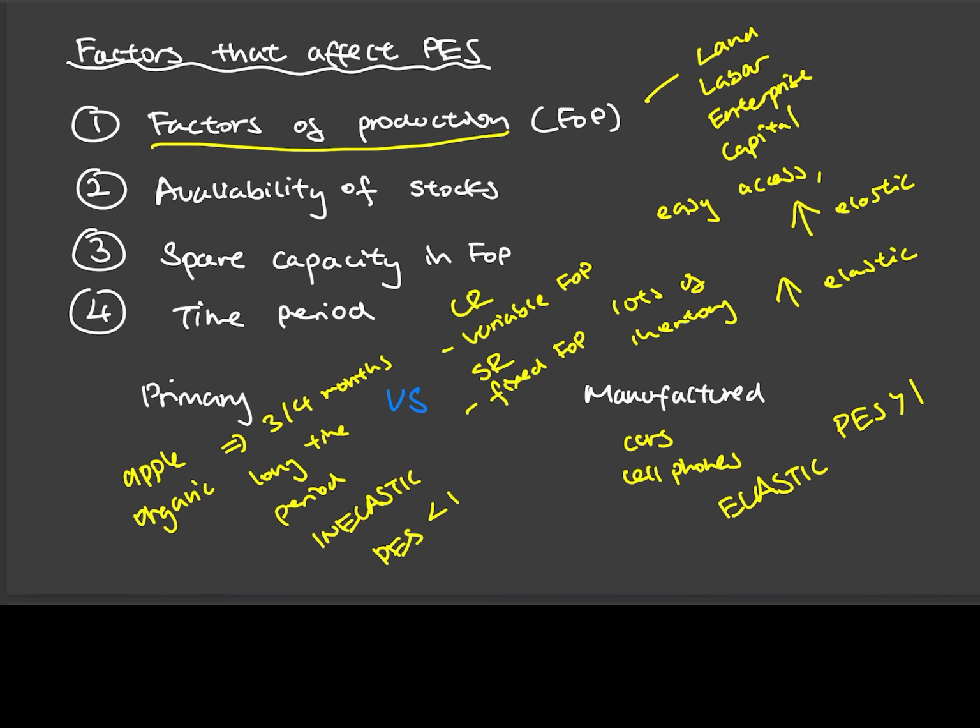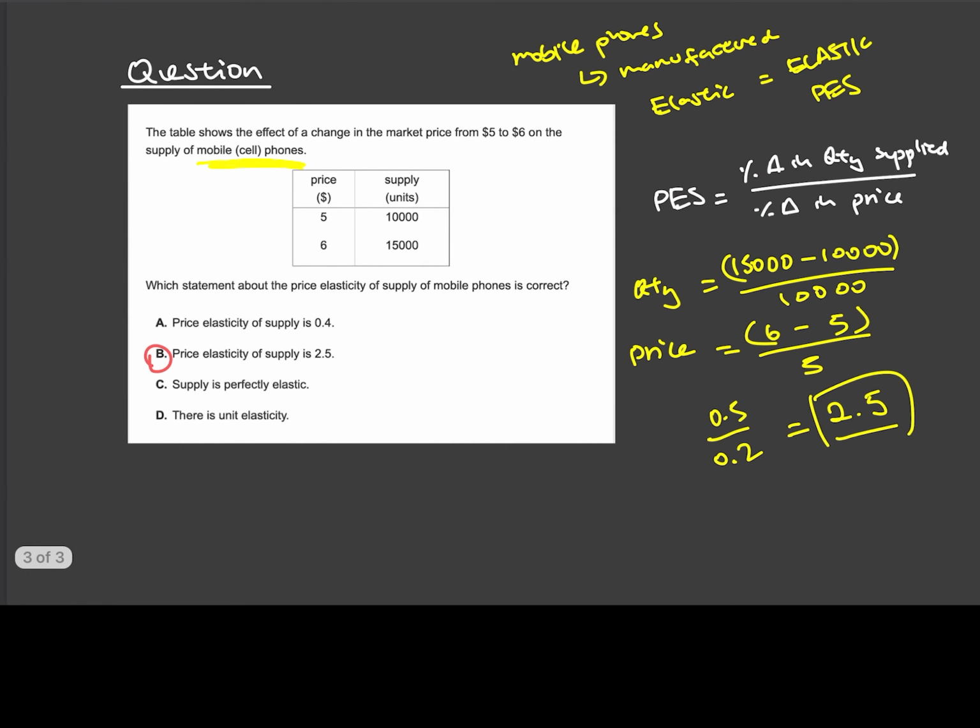And then we looked at why primary goods have a much more inelastic PES than manufactured goods. Lastly, we tried a question and put all of our knowledge to use. The question really shows us why manufactured goods have a relatively elastic PES, with 2.5 as the answer.